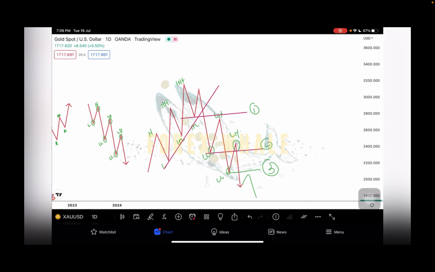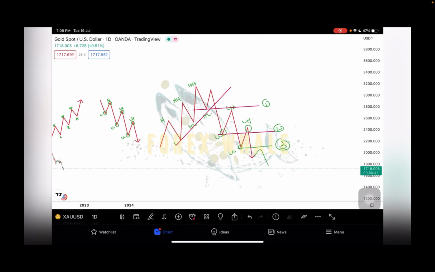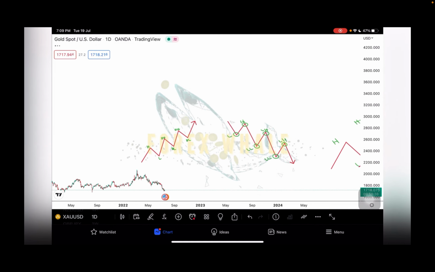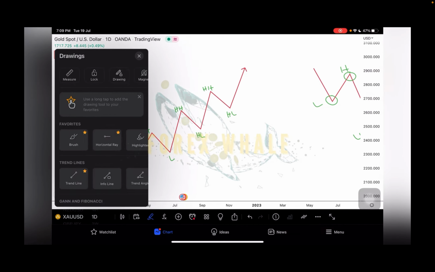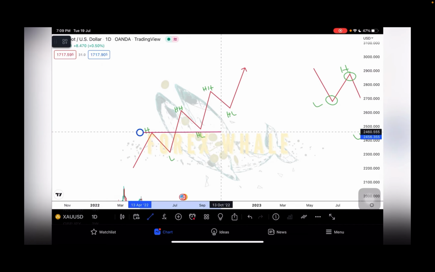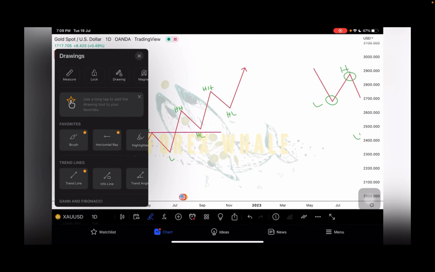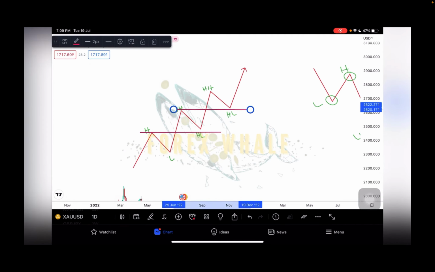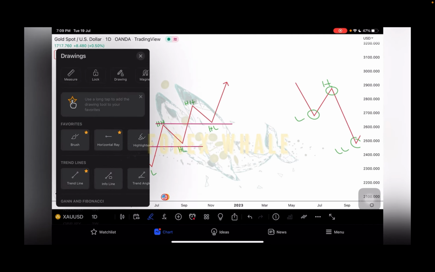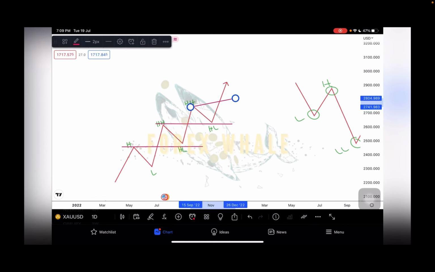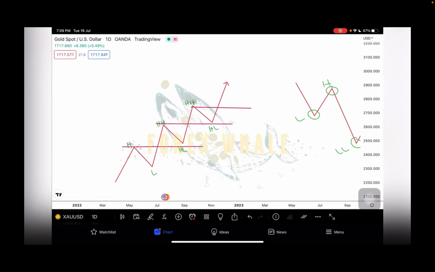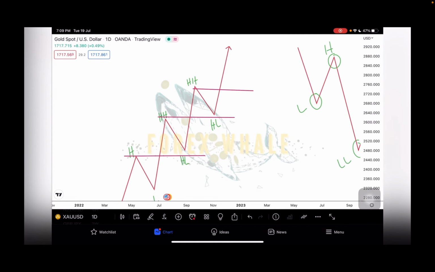Same goes with your higher highs. When it's on an uptrend, this could be your first buy, and then this could be your second buy. So if price does not break through this higher low and keeps creating a higher high, know that you can continue that buy for as long as it does not break this previous higher low, this one here.